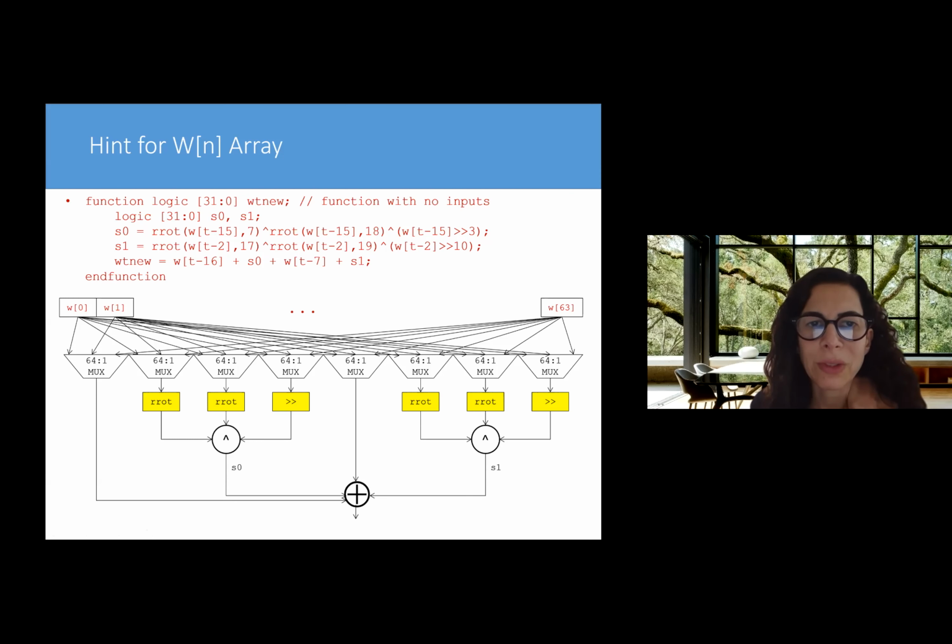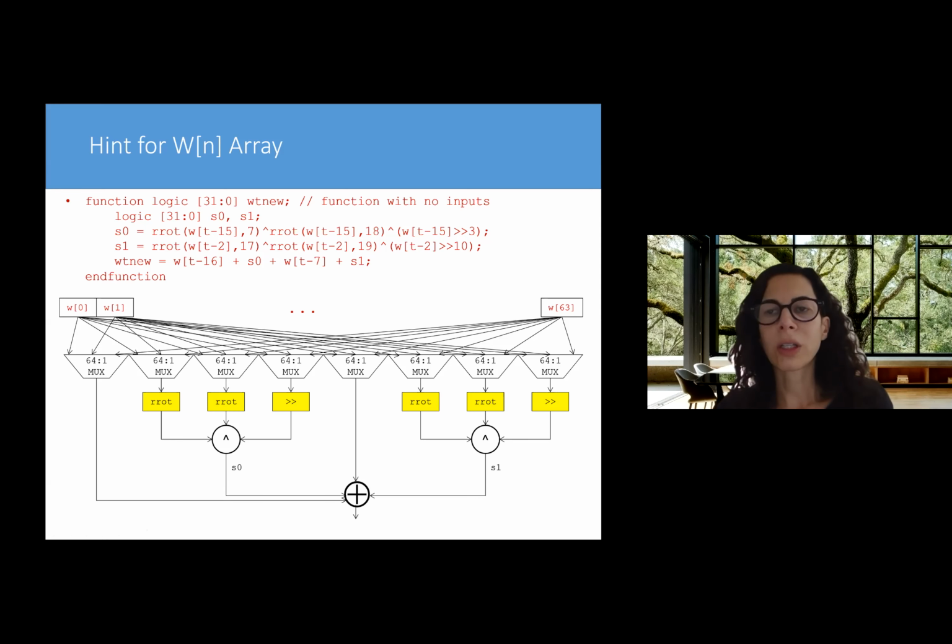So as you see here, not every time are we computing on all these WTs. In fact, there is a limited set of WTs every time we are doing the computation on. So if you just go and bluntly define this W in an array, we're going to have a huge array that we have to work on, and that may not be beneficial in terms of optimizing. We're going to use a lot of resources that are not being used in each cycle.